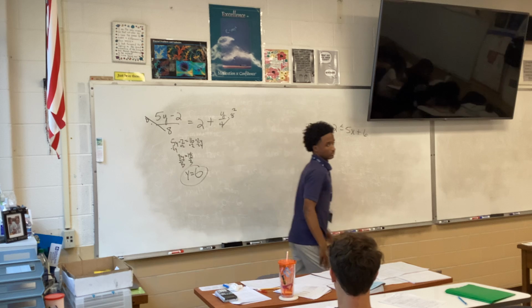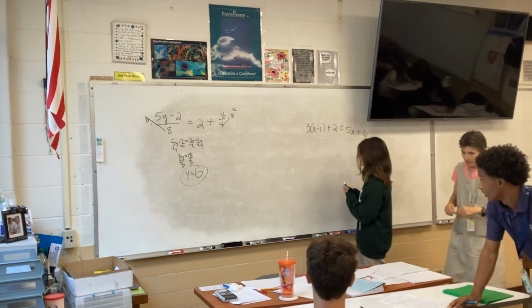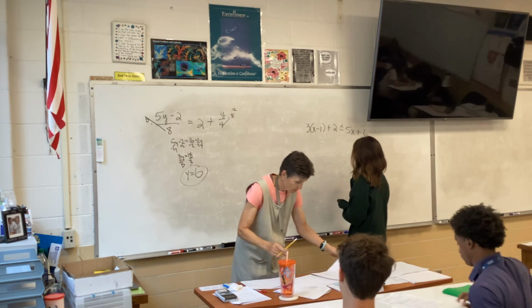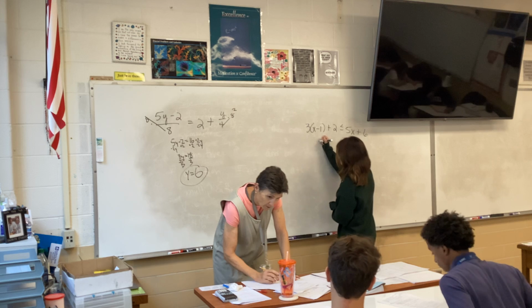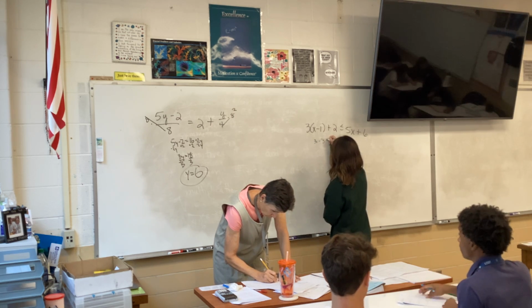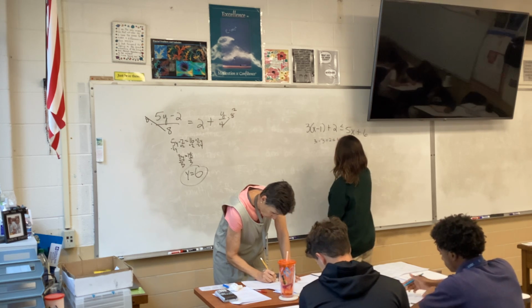I haven't done this, so I'm gonna do it too, and we're gonna see how we do. You got them both done here? Yes, okay. Oh, it's 16. Oh, do you get negative 7?